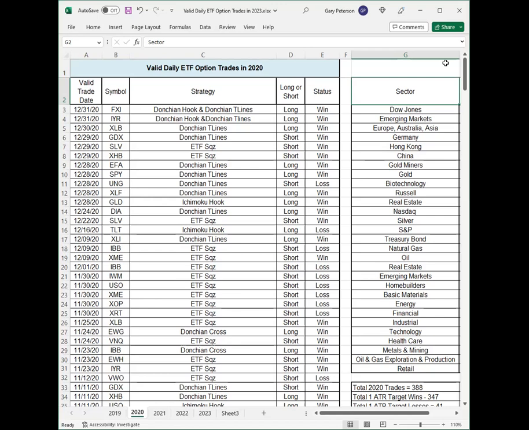So with this type of trading, more volatility is better. As the volatility increases, option prices also increase. That's not a great thing because now we pay more for the option. But what is a great thing is our target size increases disproportionately higher than the option price is increasing.